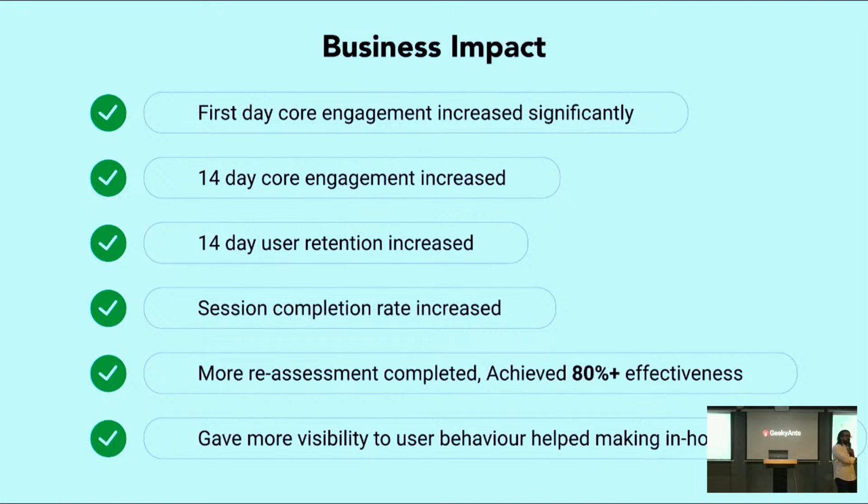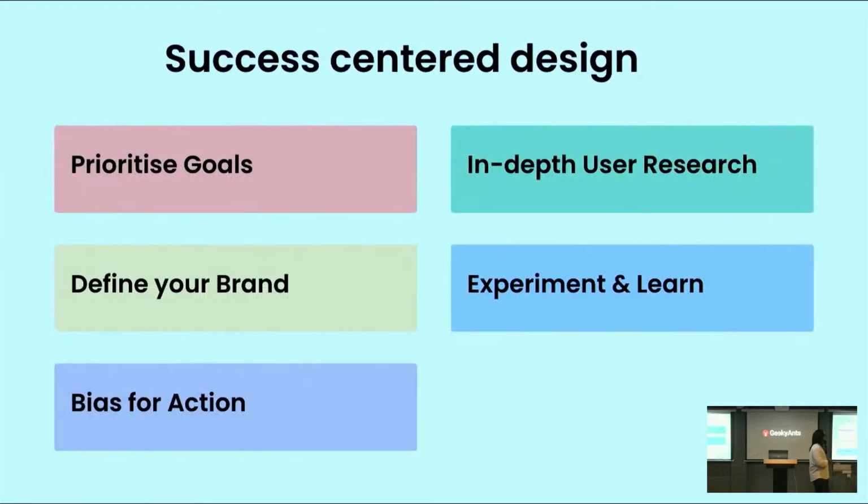In this case, we are giving a mental health application as a cure for your mental health problems, so it can come under DTX, which is digital therapeutics. Also, we learned more about the user and we started creating in-house content. Before that, we were outsourcing content. So these are my five mantras, or recipe for success-centered design.